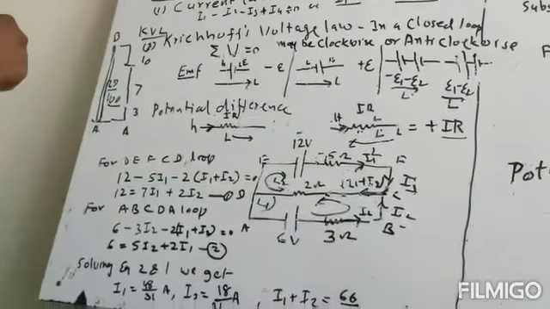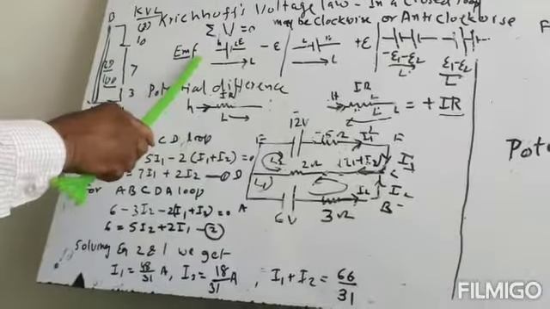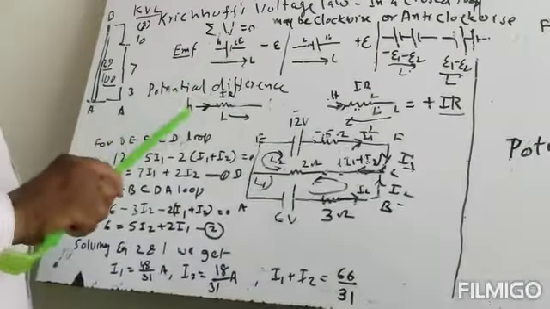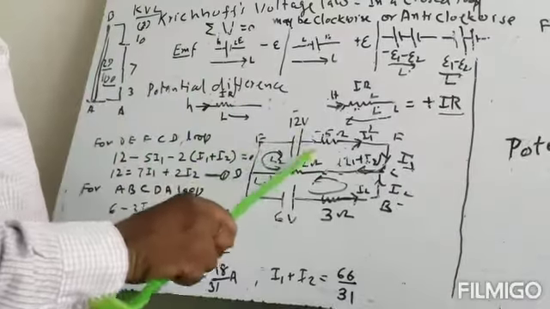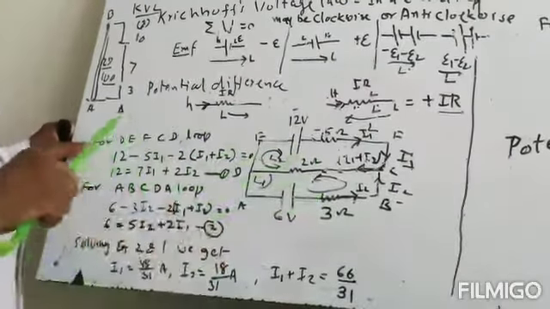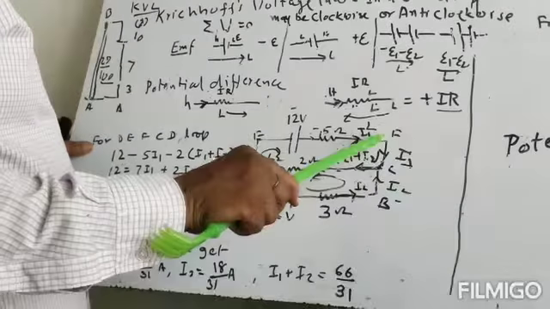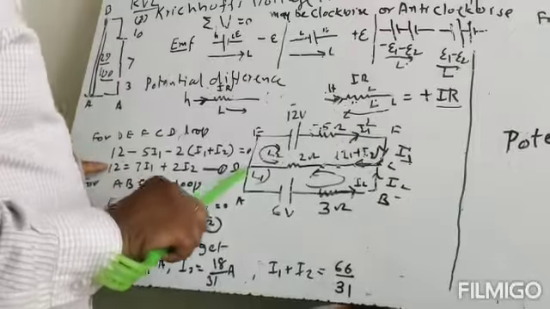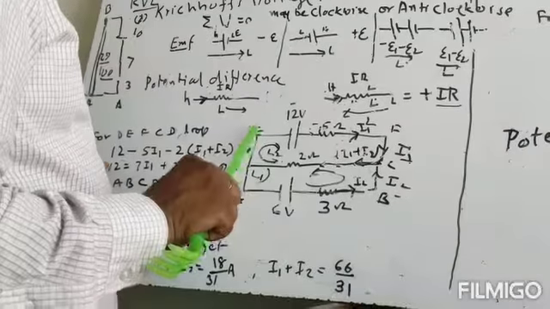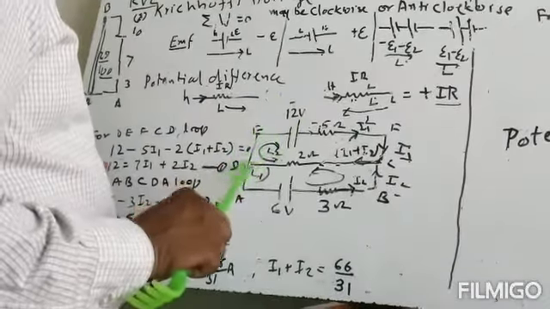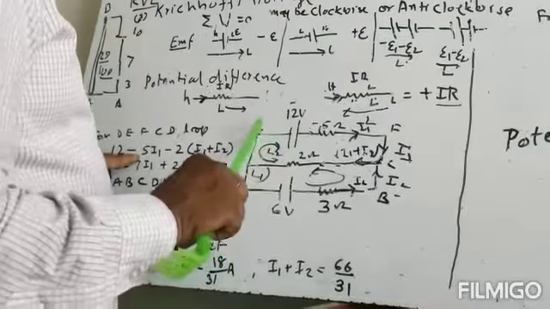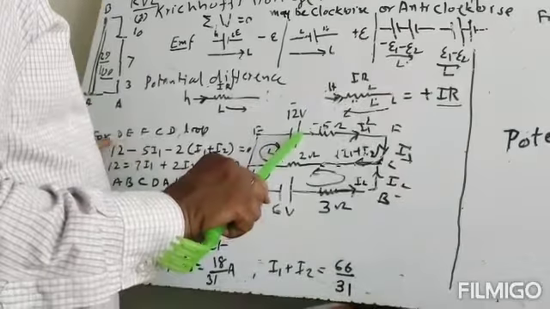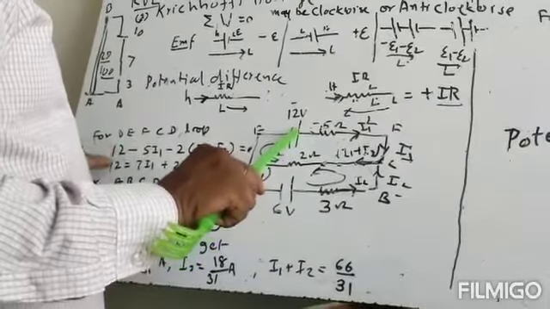So we consider this method where the summation of V is equal to 0 and write the equation for two loops. First we take the D, E, F loop. We start from here. Here it is a minus, so it is lower potential, so the EMF will be 12 positive.